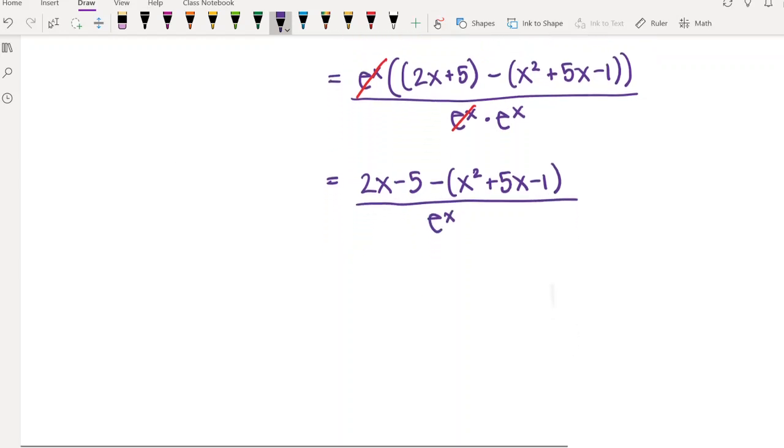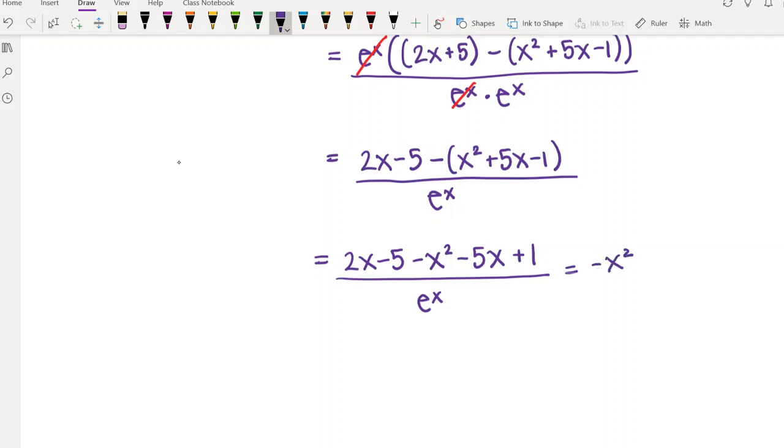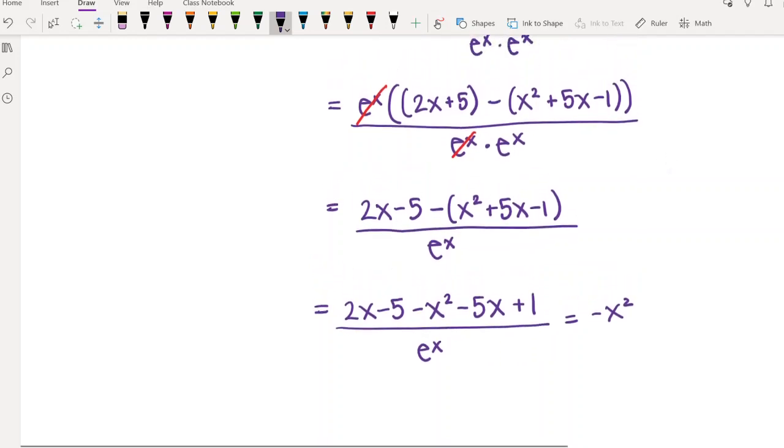And now we can distribute this negative sign and combine some like terms. So we get minus x squared minus 5x plus 1 divided by e to the x. And then we want to put together things that are combinable, right? So we have negative x squared, there are no other x squareds, but then, I'm just looking at this because I think I made a mistake in my last video.